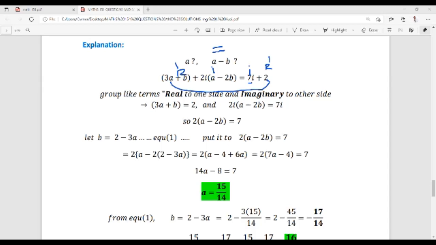The same way we can say I is equals to I, is that not it? So that means the whole of this can be equals to 7I. Is that not it? Good.